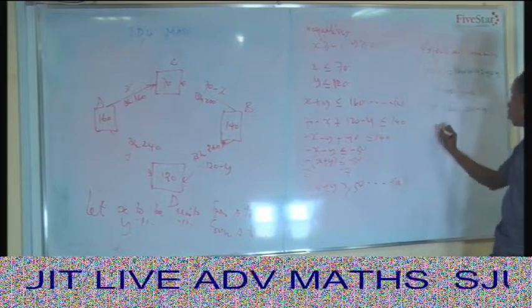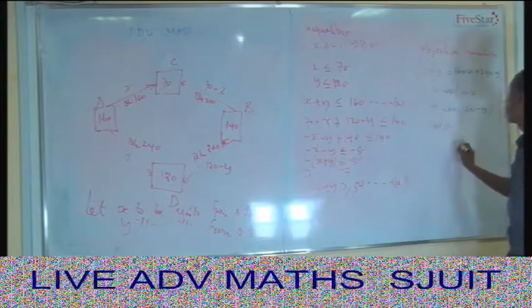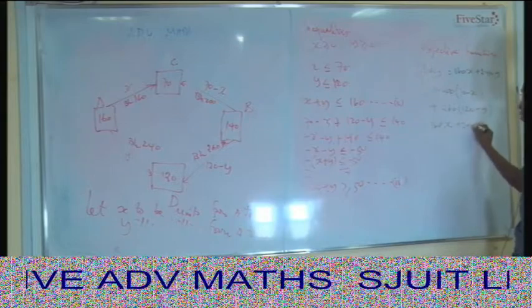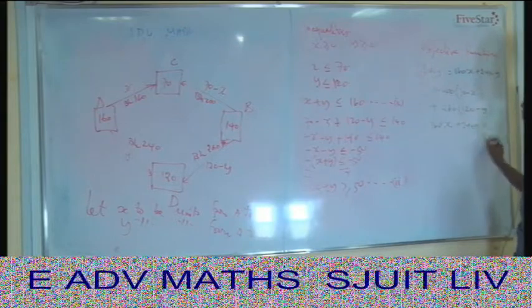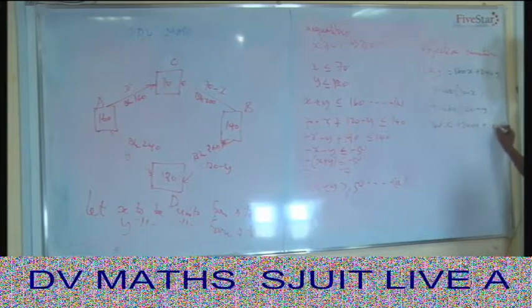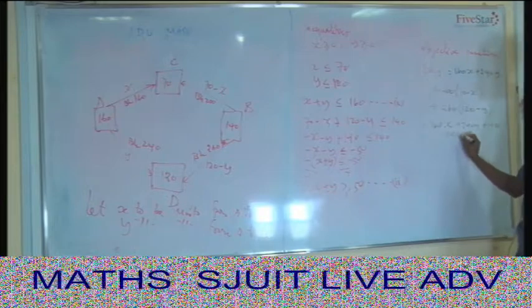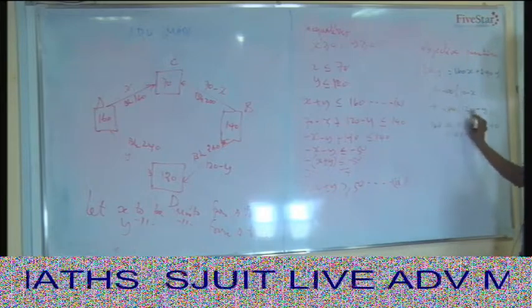So this will be equal to 160x plus 240y plus 200 times 70, which is 14,000, minus 200x, plus 260 times 120.